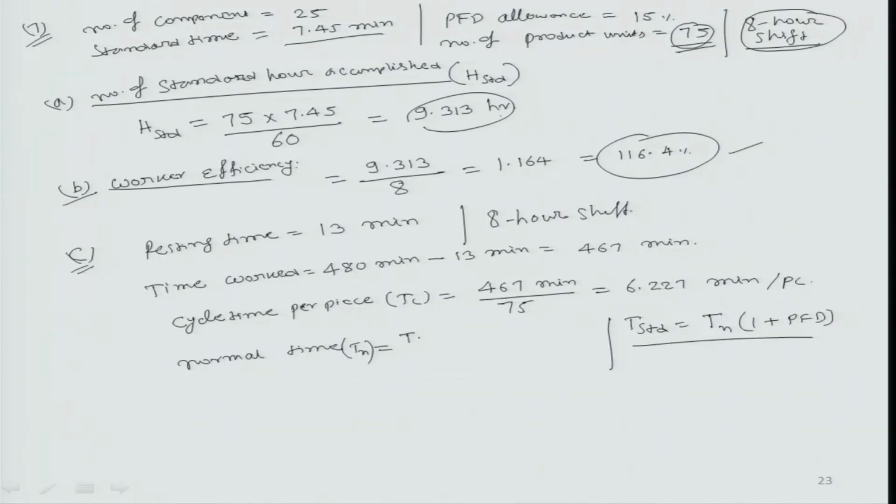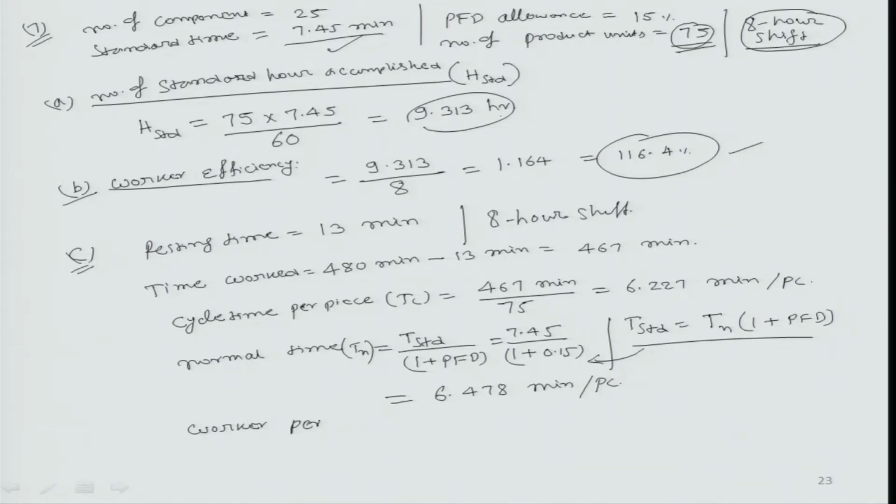Then Tn is T standard divided by (1 plus PFD), that is equal to the standard time given, 7.45 minutes, divided by (1 plus the PFD allowance 0.15), and this is equal to 6.478 minutes per piece.